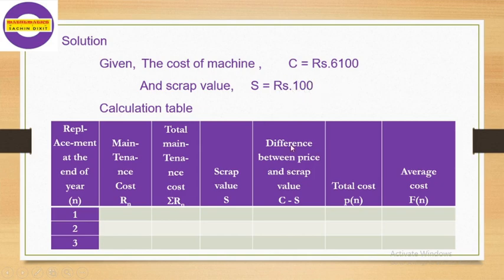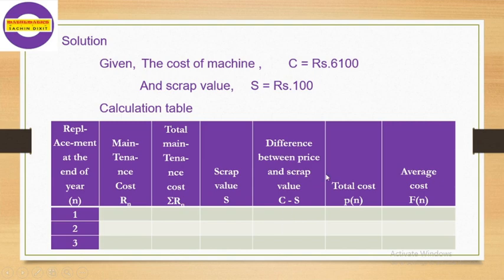Then the fifth column is the difference between price and scrap value. Price is C equals 6,100 and scrap value is 100, so this value remains constant in all rows because the scrap value is constant. If the scrap value is changeable, then obviously this difference will also change.